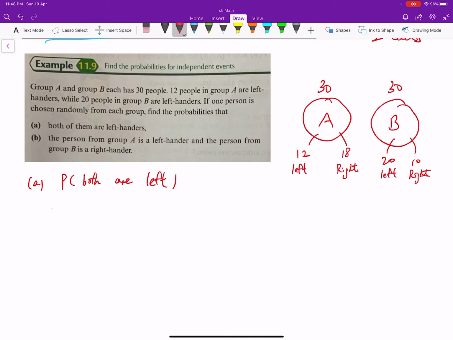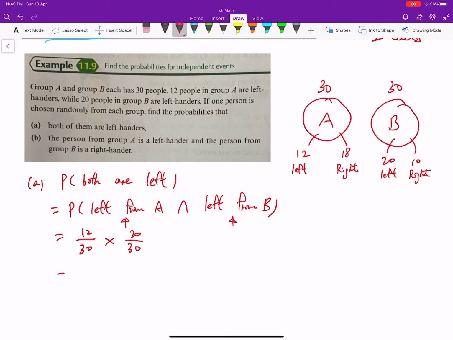It actually equals getting a left from A and a left from B. Here you can imagine, it is quite obvious, that these two are independent, because taking one from A will not affect which one you take from B. So you just get: from A, it is 12 out of 30, and you multiply by 20 out of 30 for left from B. So you get the answer 4/15.